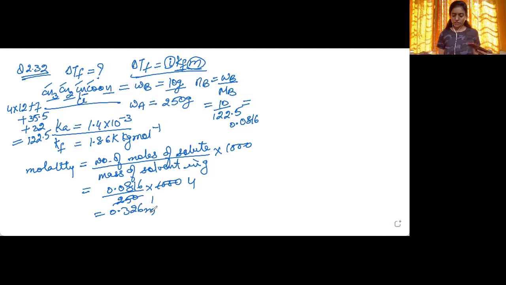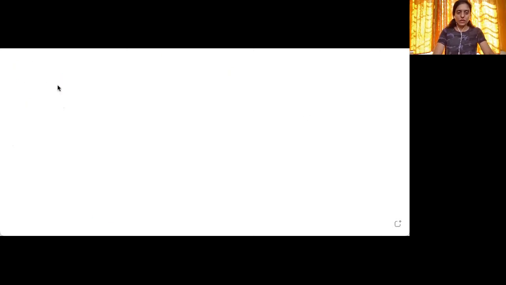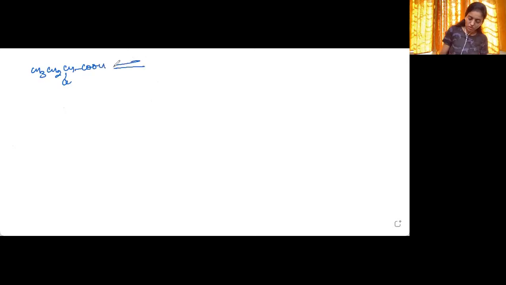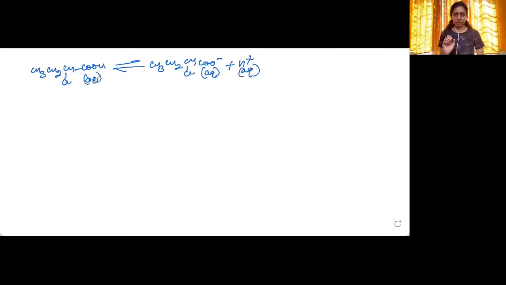Okay, so now let us move into finding out the value for i. Before finding the value of i, that is the Van 't Hoff factor, we need to write the equation for dissociation of the given carboxylic acid. So it will be like this: CH3CH2CHCl COO negative plus H positive, all aqueous because we have dissolved this acid into water.